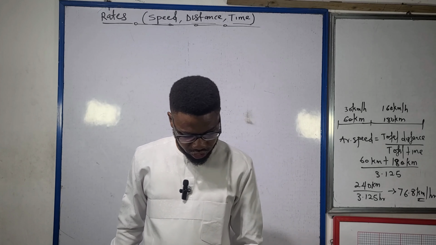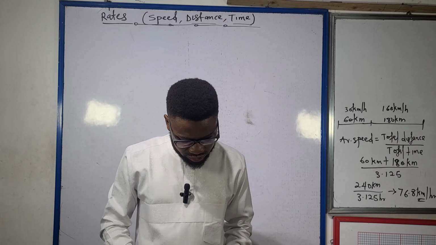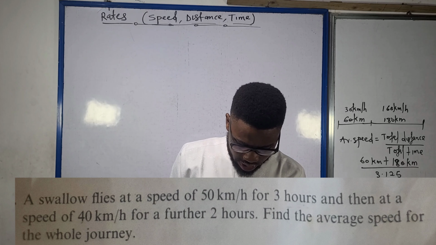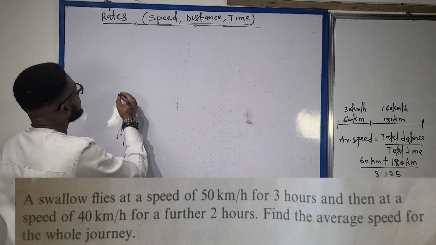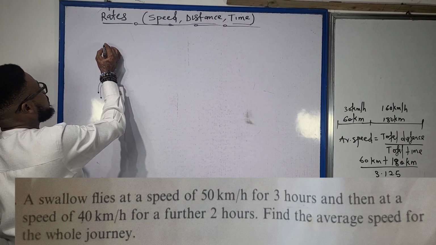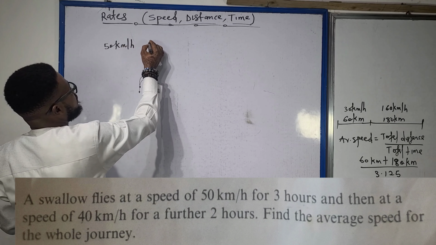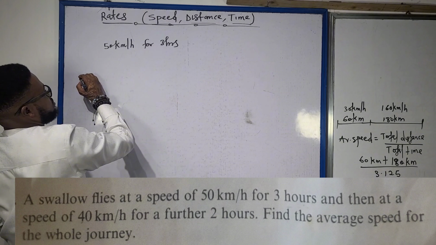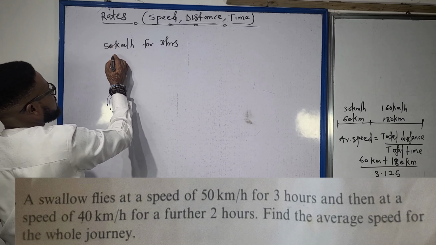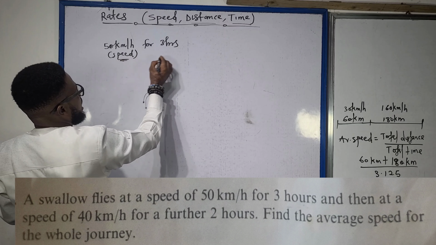Okay, as you can see on your screen, they said a swallow flies at a speed of 50 kilometers per hour for 3 hours. So you're looking at a swallow that moved at 50 kilometers per hour for 3 hours. This is speed, and this is time.